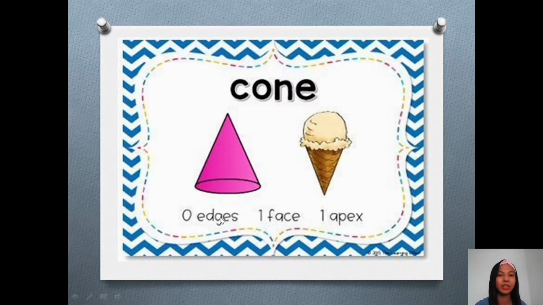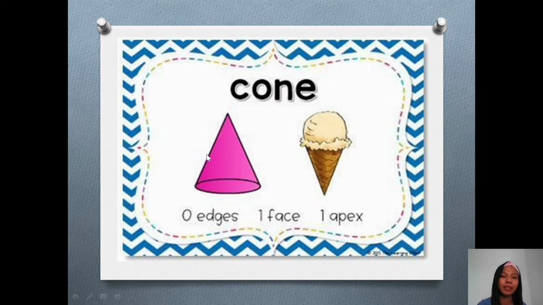Since an edge is a straight, flat area of the 3D shape, this cone has no edges at all. There is only one face, one flat surface here, and then one apex, from the base to the highest or furthest point.